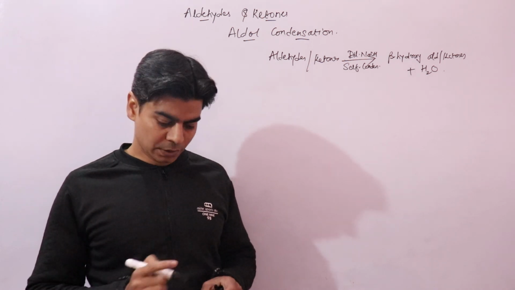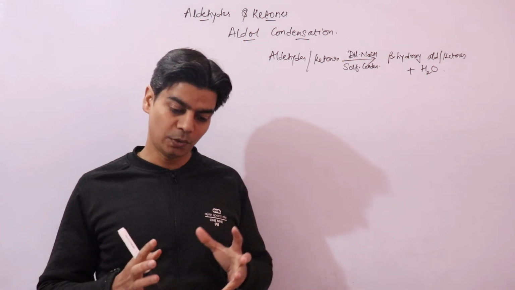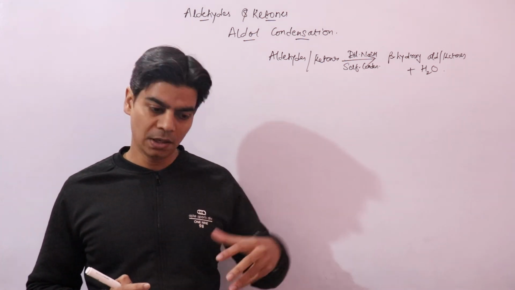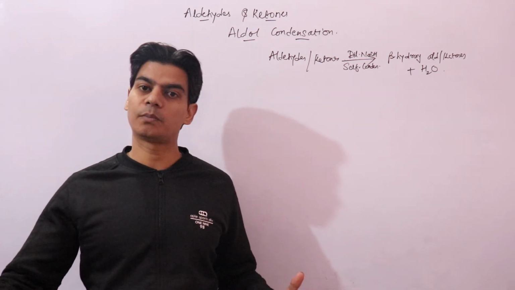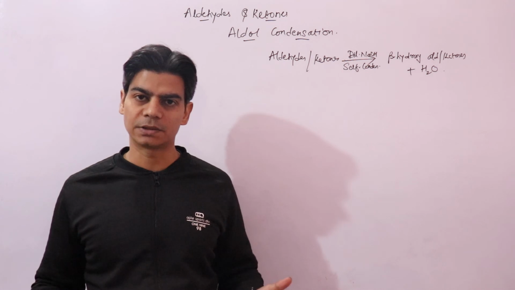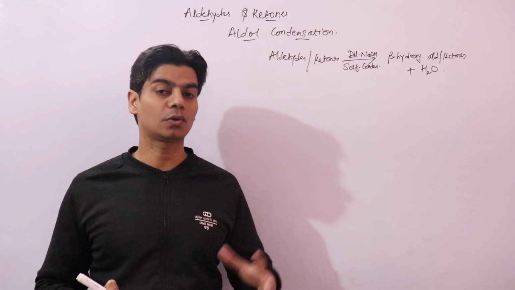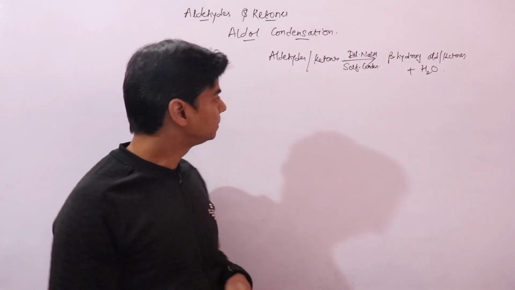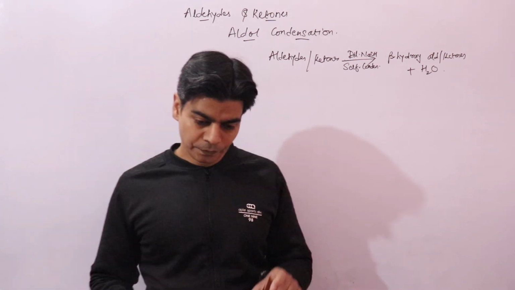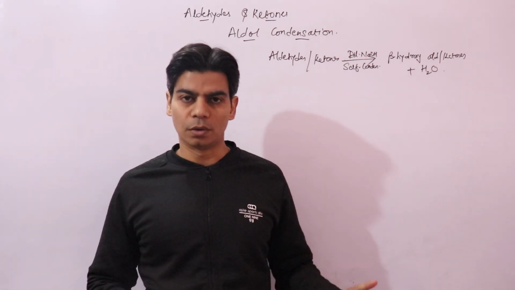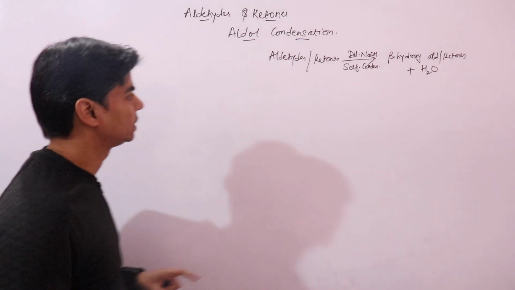Whereas if the same aldol condensation is taking place between two different aldehydes, that is, one molecule is of ethanal, the other molecule is that of propanal, so these are two different aldehydes. In this case, when you have two different aldehydes or ketones, we call it a crossed aldol condensation, right? And this reaction can also take place between an aldehyde and a ketone. Then also it is known as your crossed aldol condensation.